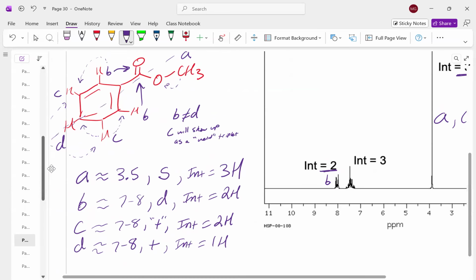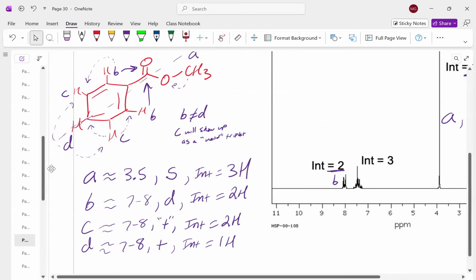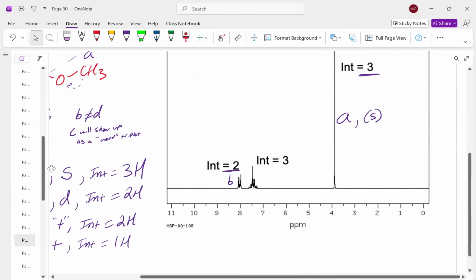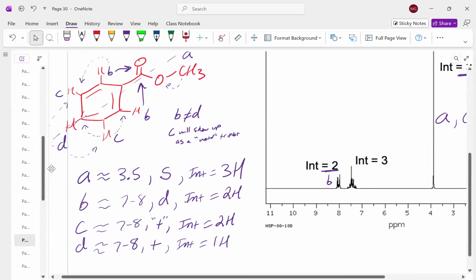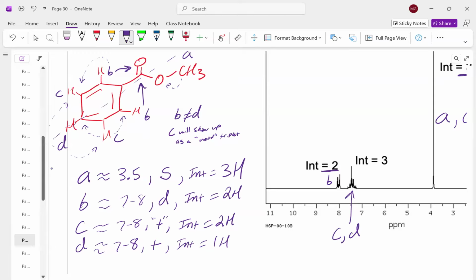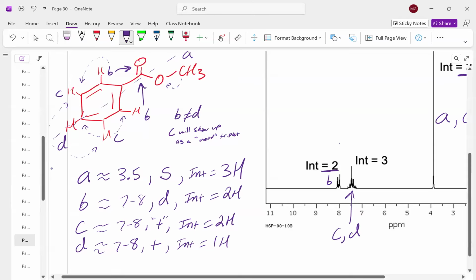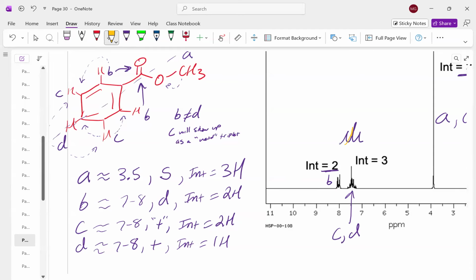Now, this is where things get a little interesting, because I predicted I should see 4 signals, yet I only see 3 sets of peaks here. That's because this signal here is not hiding, but is both C and D. If we imagine what those look like, if C is a weird looking triplet and D is a triplet, and they have a very similar chemical shift, that looks like a big mess, and that's what we see there.